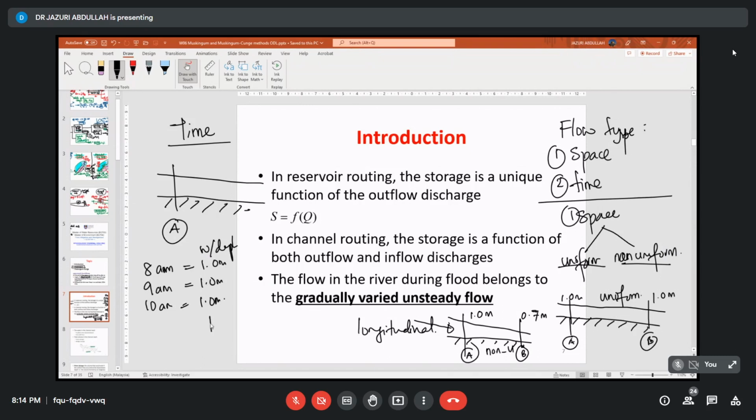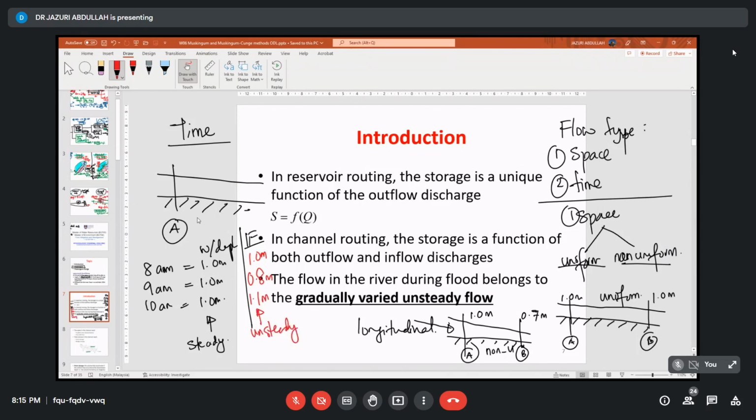So this is what you call a steady state condition. Okay, and then if at 8 in the morning you have 1.0 meter, 9 in the morning you have 0.8 meter, and then 10 in the morning you have 1.1 meter, this is what you call an unsteady.